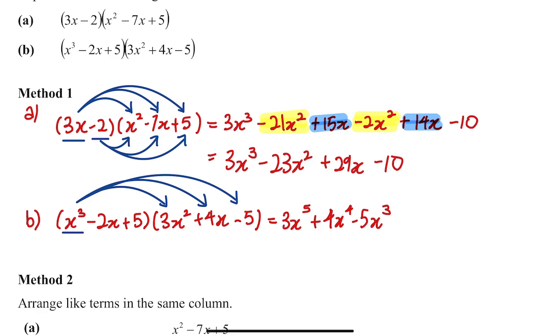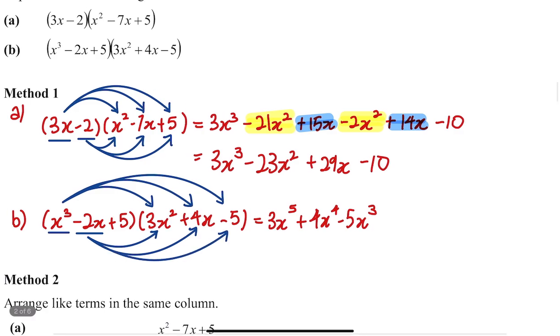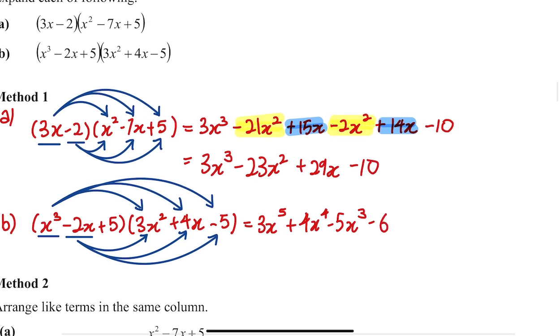Then now do it step by step. Negative 2x now will multiply to 3x squared, 4x, and negative 5. Okay, and I'll get minus 6x cubed minus 8x squared plus 10x.